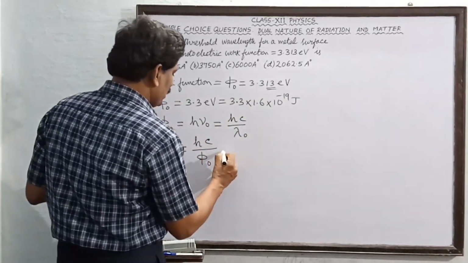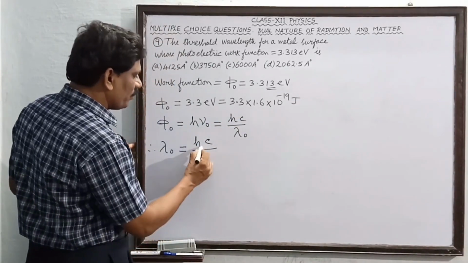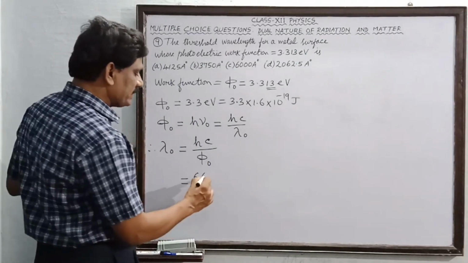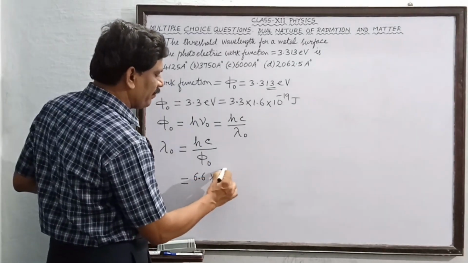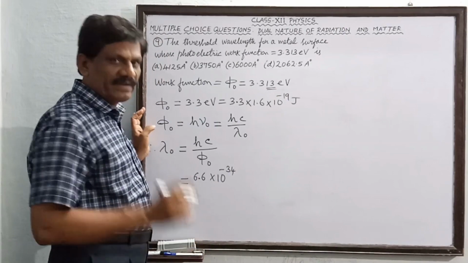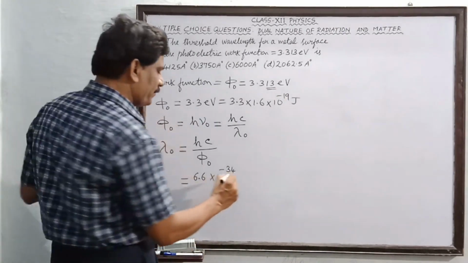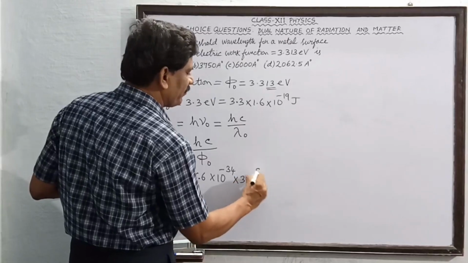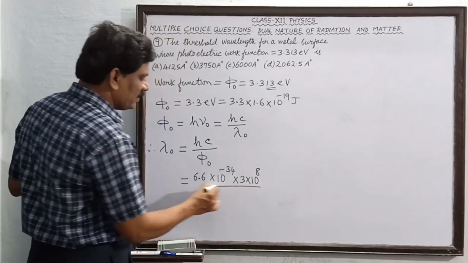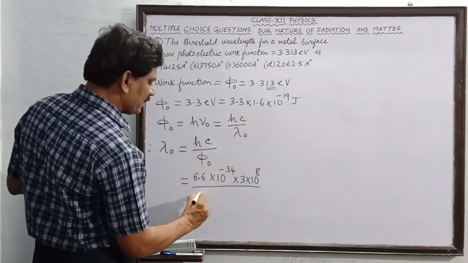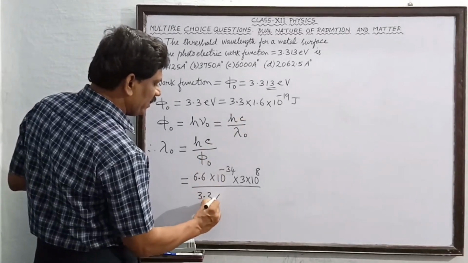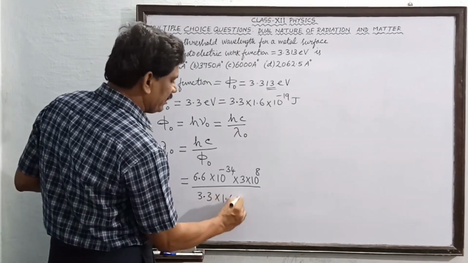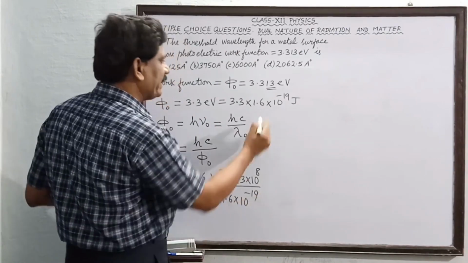This is Planck's constant's standard value, which I asked you to always remember: 6.6 into 10 to the power of minus 34 joule second, into the velocity of light in free space, 3 into 10 to the power of 8 meters per second, whole divided by phi naught, which is 3.3 into 1.6 into 10 to the power of minus 19.